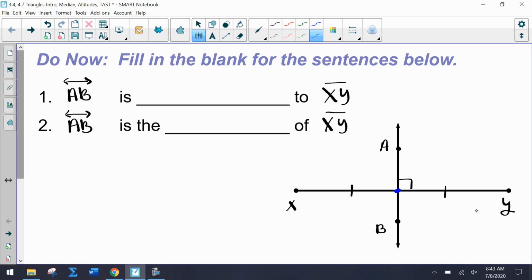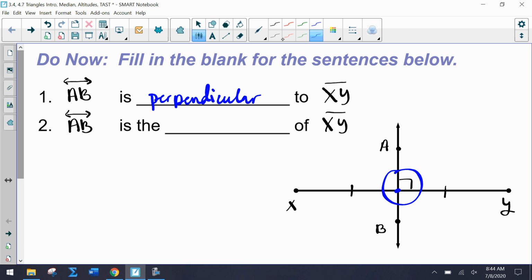So after you've practiced completing this vocabulary, we can see that line AB is perpendicular to line segment XY.